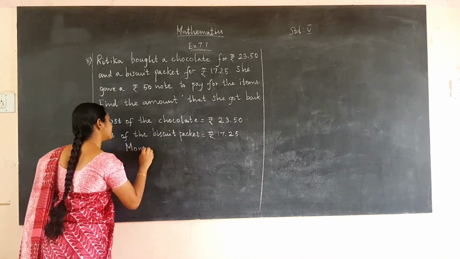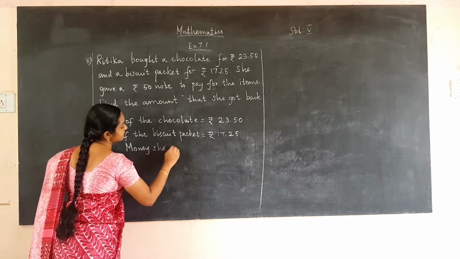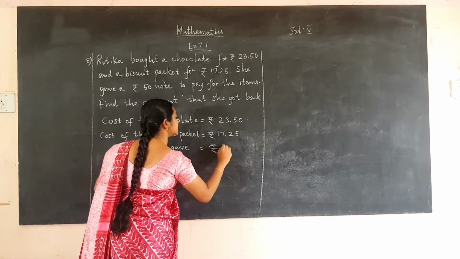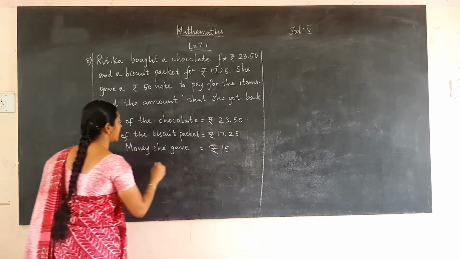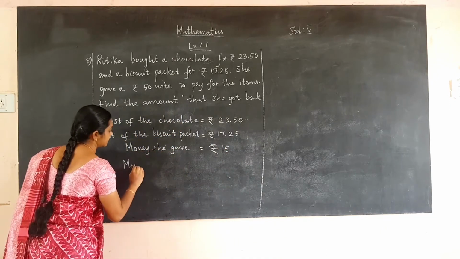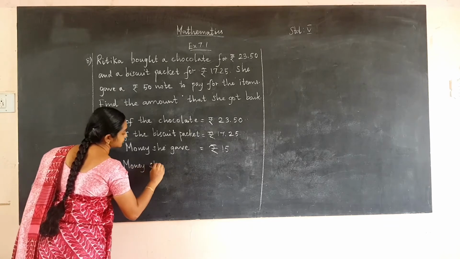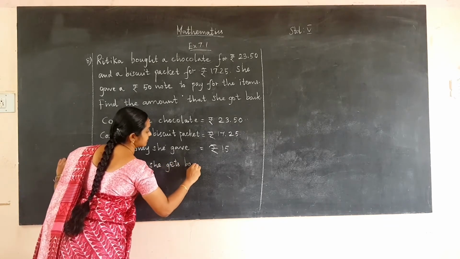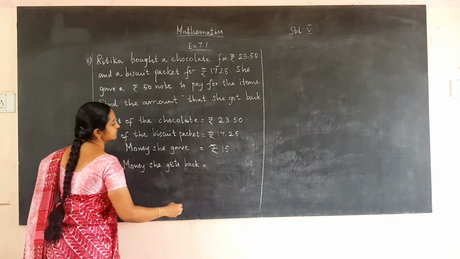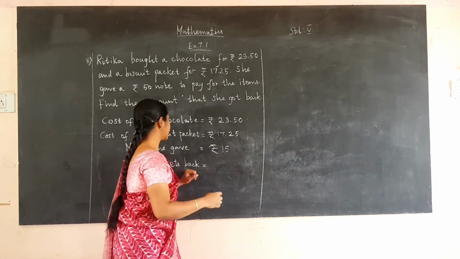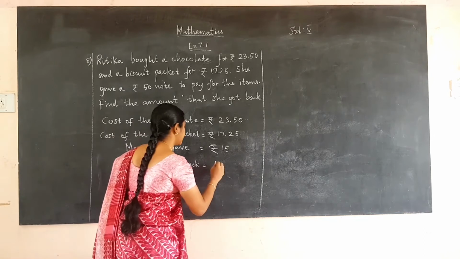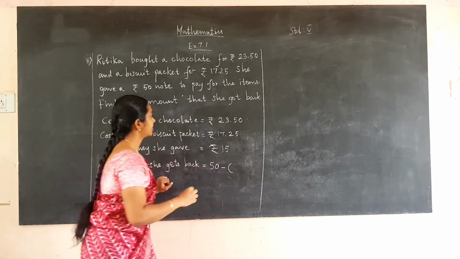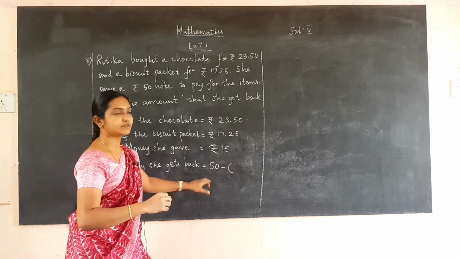Next, money she gave is given as rupees 50. We have to find money she gets back. Money she gets back is, we have to subtract the total amount from 50.